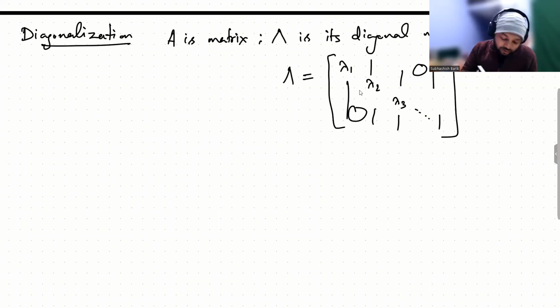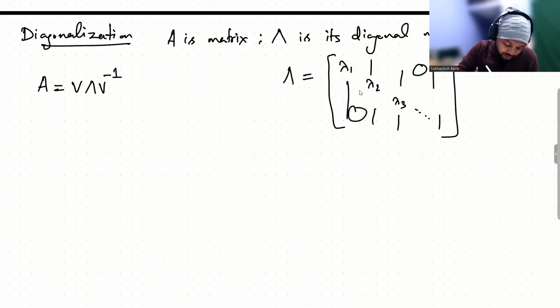So you can represent A as some matrix V times this diagonal matrix times V inverse.